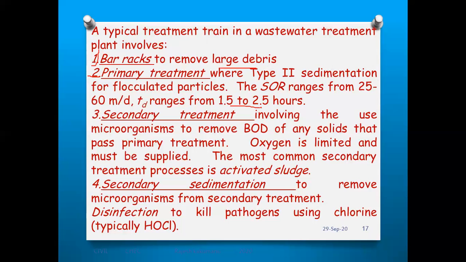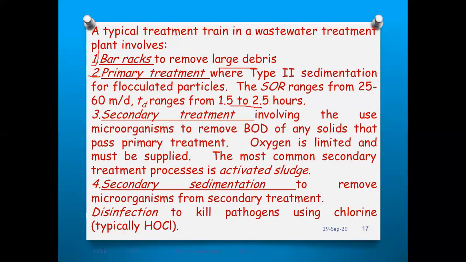The water from which all solid particles have been separated in primary treatment comes to secondary treatment as primary effluent, and there the BOD is removed using microorganisms. Next, the oxygen is limited and must be supplied.